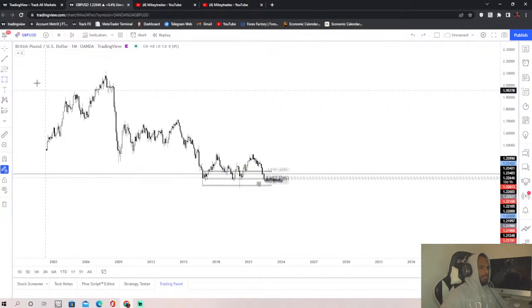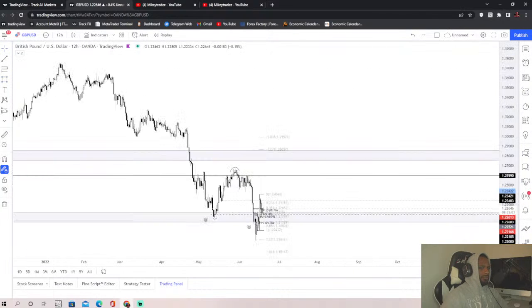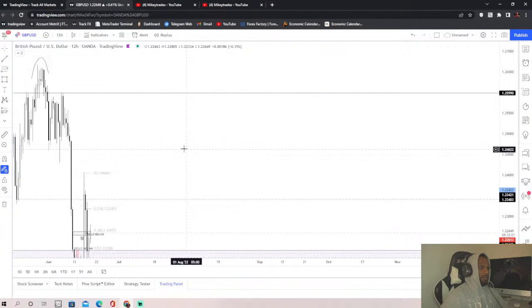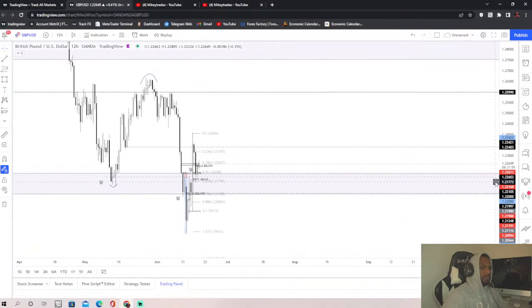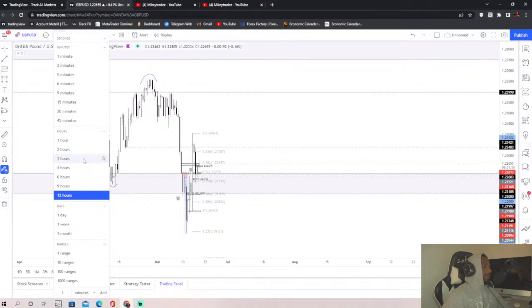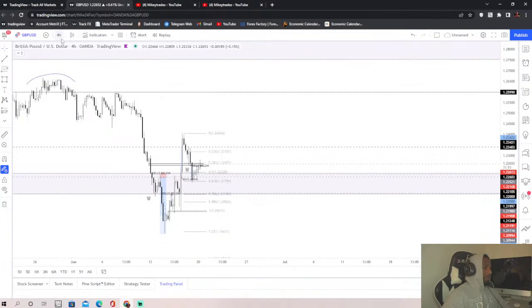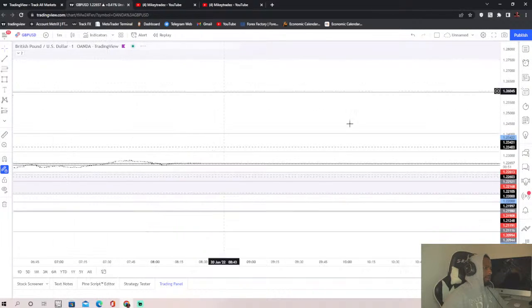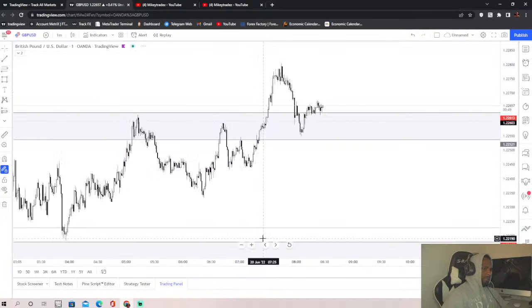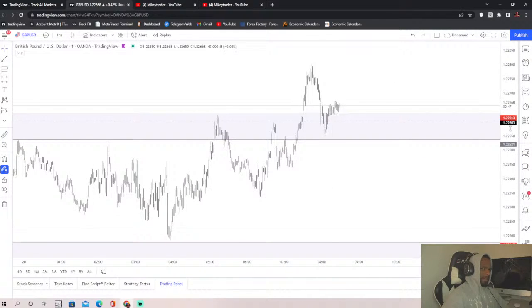So I don't butcher my chart, let's go back to this time frame and take a look. From our monthly top down analysis, just really quick, we're in an area of demand, right? We're in a very, very strong area of support. So we have a couple different angles to look at here for price, right?